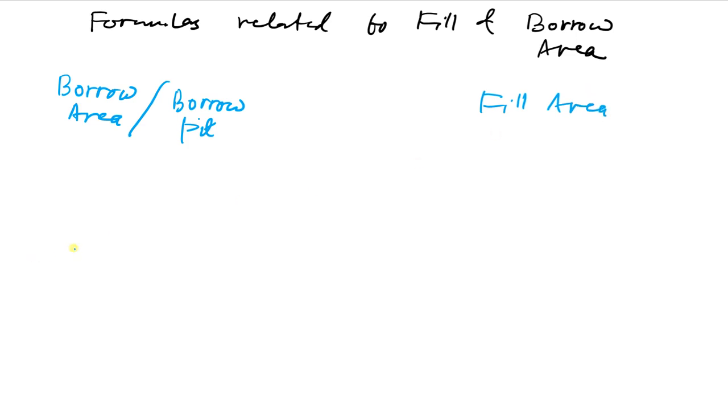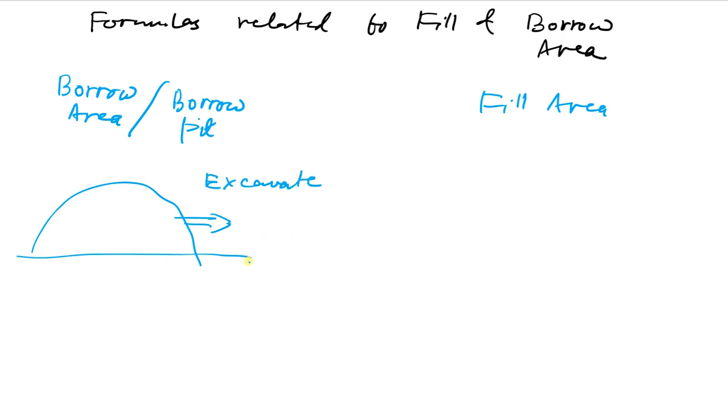What is borrow area? It's a natural area where we are going to excavate the soil. We are going to excavate the soil using different machines and fill it into trucks, and these trucks are going to transport it to the construction site.